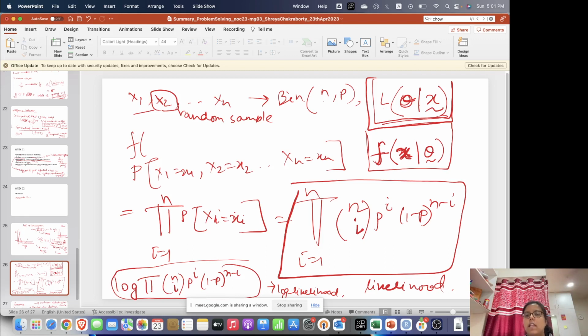If you have to solve anything, just write down the joint PDF of your random sample, that's the likelihood, and take a log of it. Conceptually, here your unknown parameter is p, so it is the likelihood of p given you have your data as x.